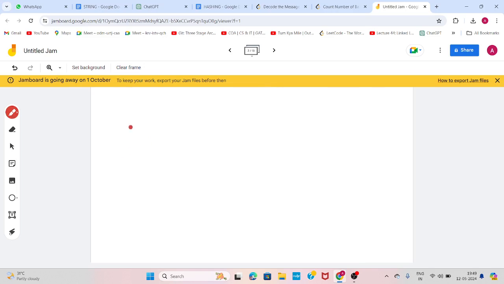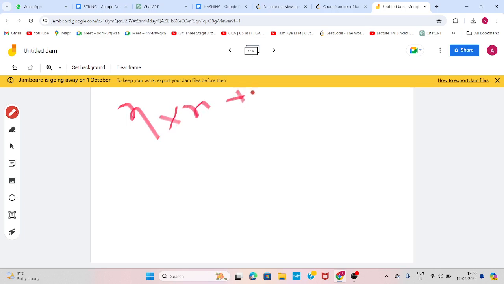First, what we'll do is check: if the size is n, how many total pairs will be valid? If there are n elements, the pairs formula is n into n plus 1 by 2. I hope you all know this formula.